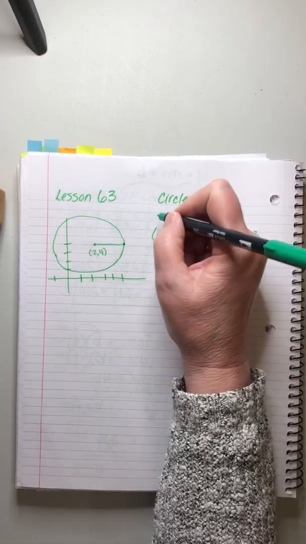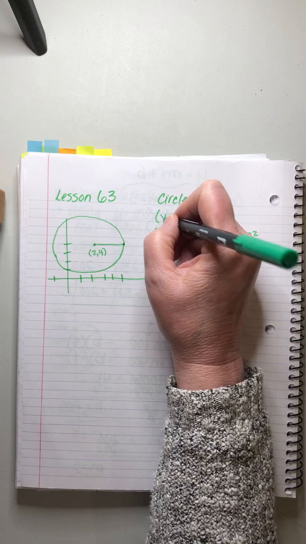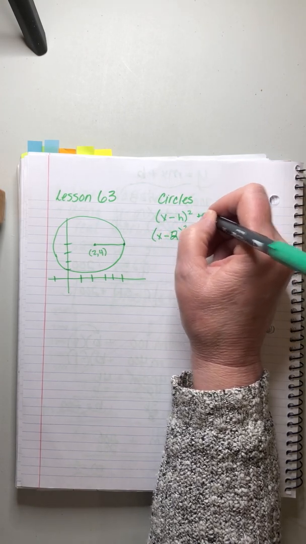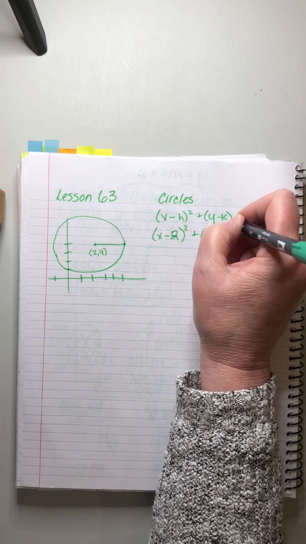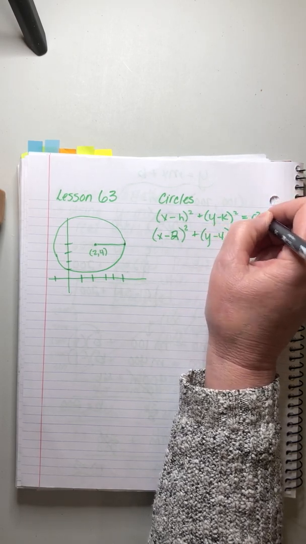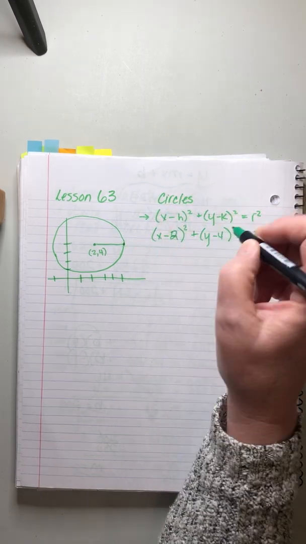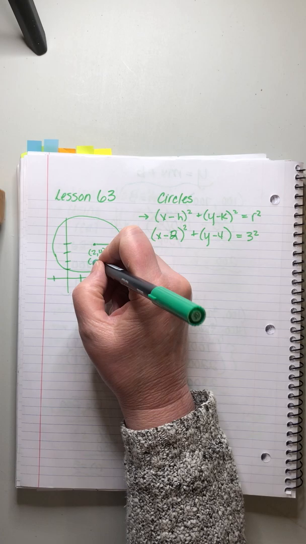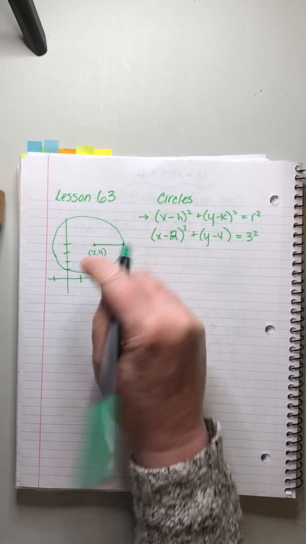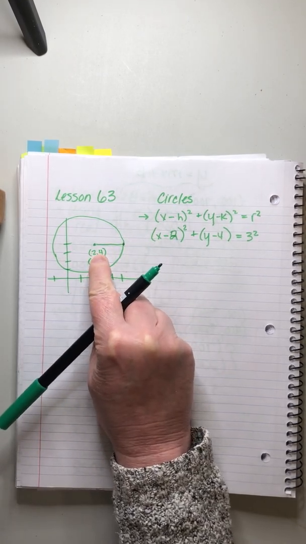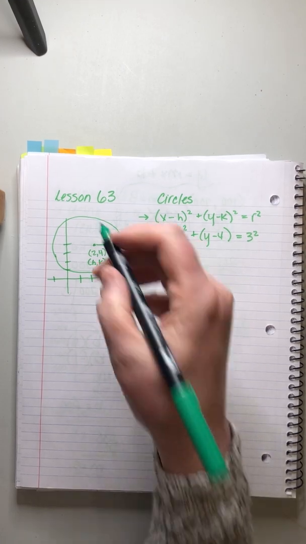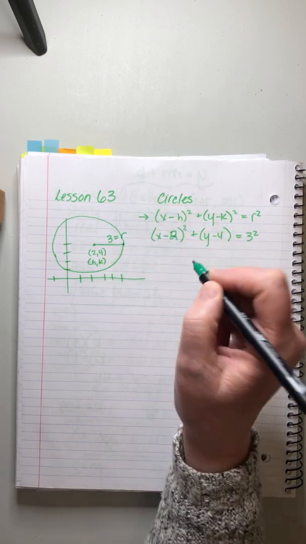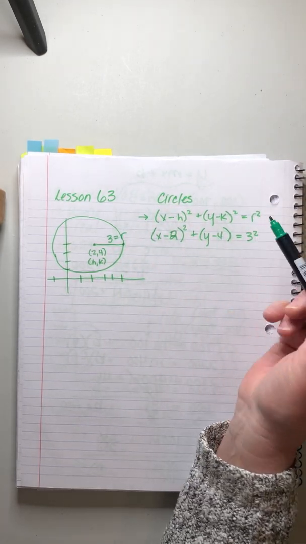And the generalized form of this, we say it's (x minus h) squared plus (y minus k) squared equals r squared. This is the formula in which h and k are the coordinates of the center, and 3 equals the radius, right? You know what a radius is.